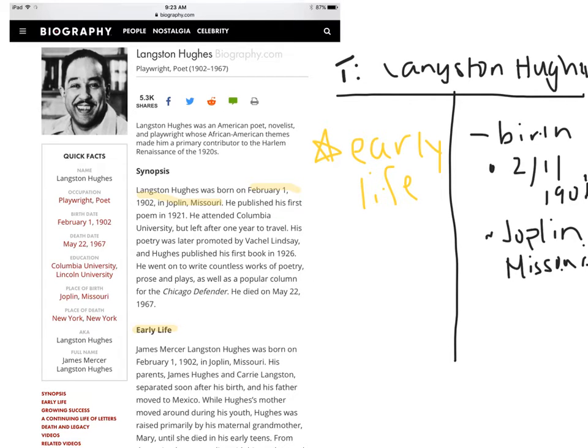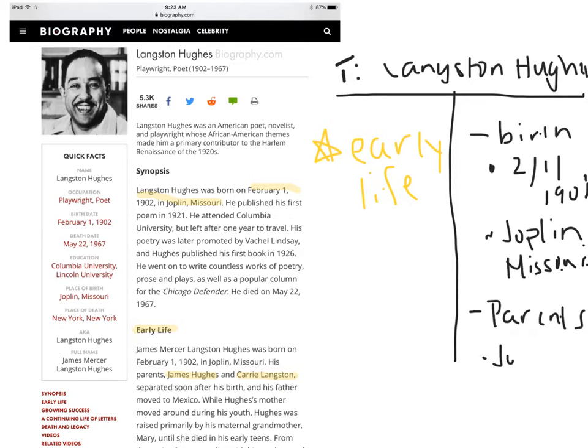We already have that information. His parents, James Hughes and Carrie Langston, separated soon after his birth, and his father moved to Mexico. So I am going to write down his parents' names. That might be something important that I come back to later. So my dash is going to be parents, and then remember my details are going to be my dots.